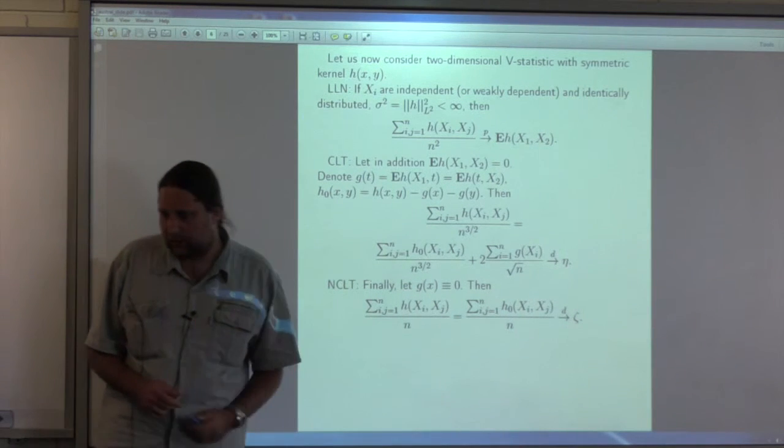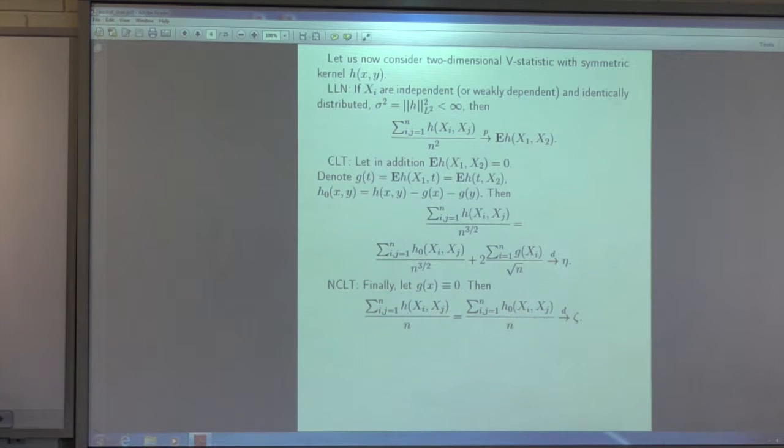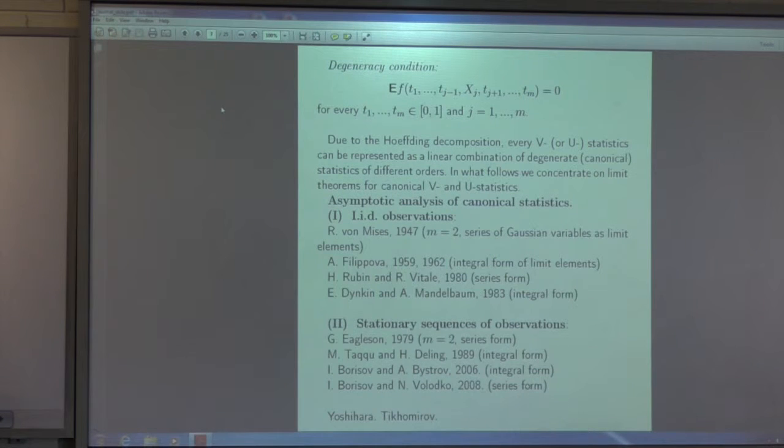In this case, we have some random variable as a weak limit, but it will be non-degenerate and non-Gaussian. And so, our interest is how to describe the distribution of this random variable. In fact, there are two approaches of describing this random variable, as was said in the introduction.